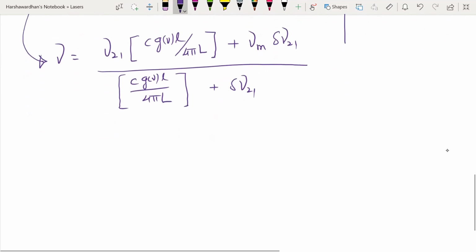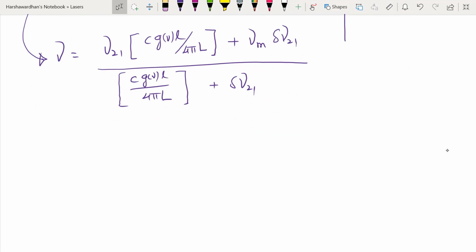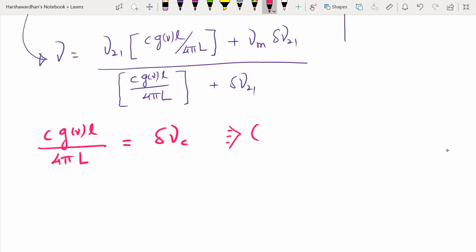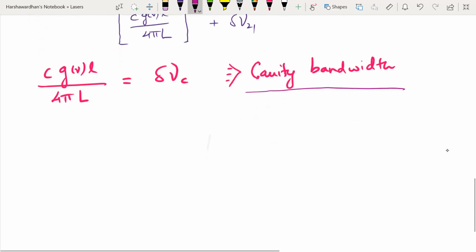Now I identify that this quantity in the bracket, c times g of nu small l by 4 pi capital L, I identify as delta nu_C, or as the cavity bandwidth. This is a definition which I will justify just after this discussion is over.